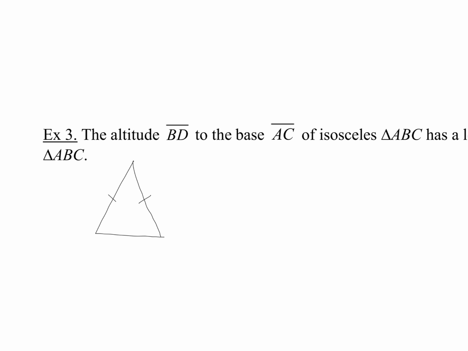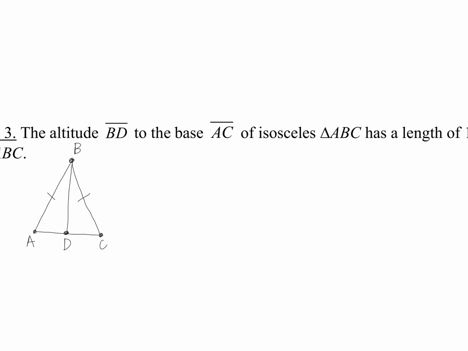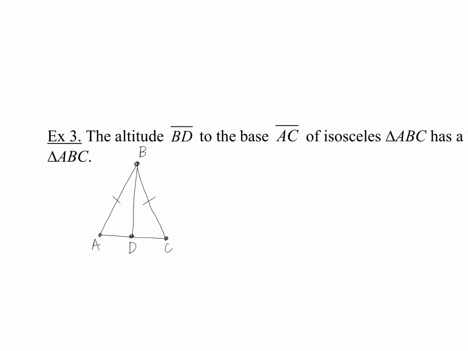We have the altitude BD, so B to D, to the base AC of an isosceles triangle ABC has a length of 12. Okay, so my altitude here, this length here, is going to be 12.